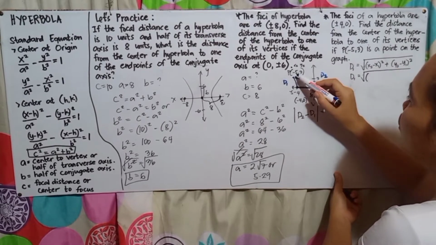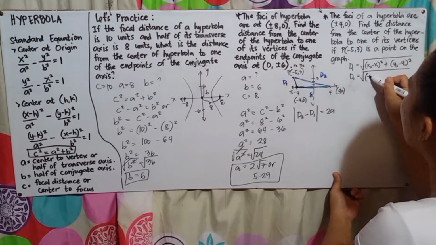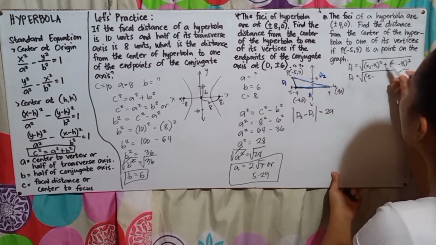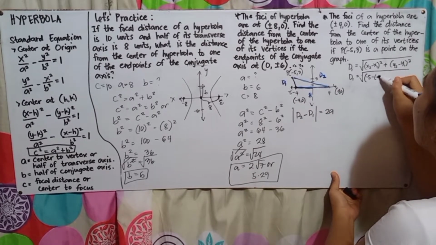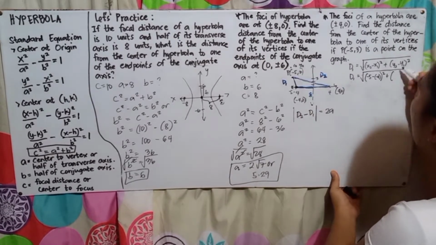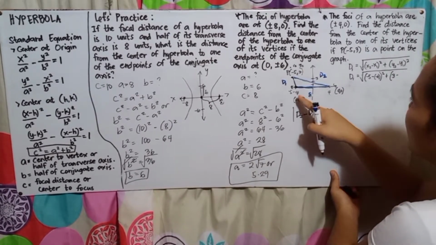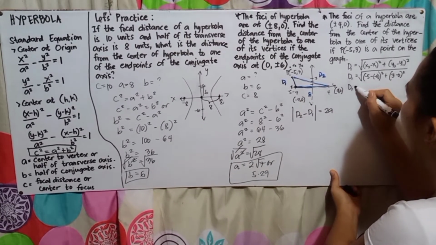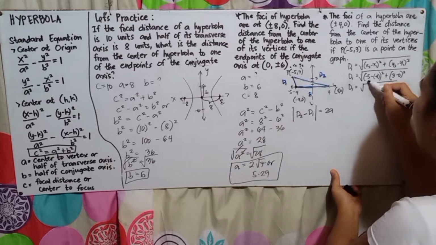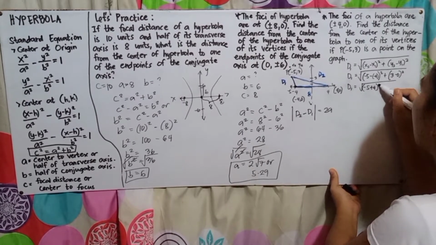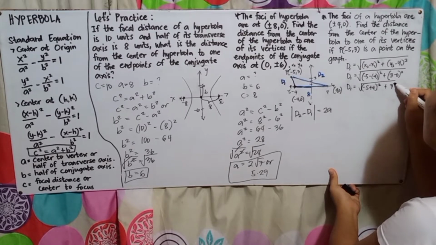So, magiging x of 2 is negative 5 minus x of 1 is negative 4. So, negative 4. Y of 2 is 3. Y of 1 is 0. So, magiging square root of negative 5 plus 4 squared plus 3 squared.